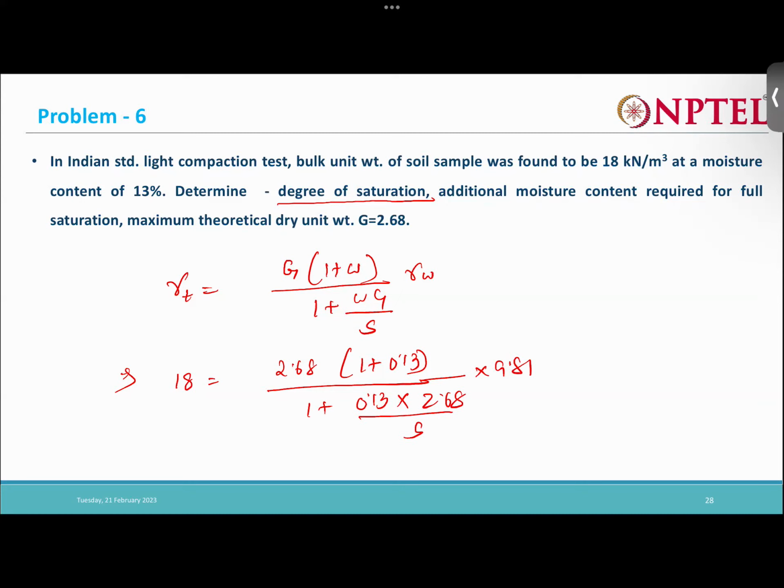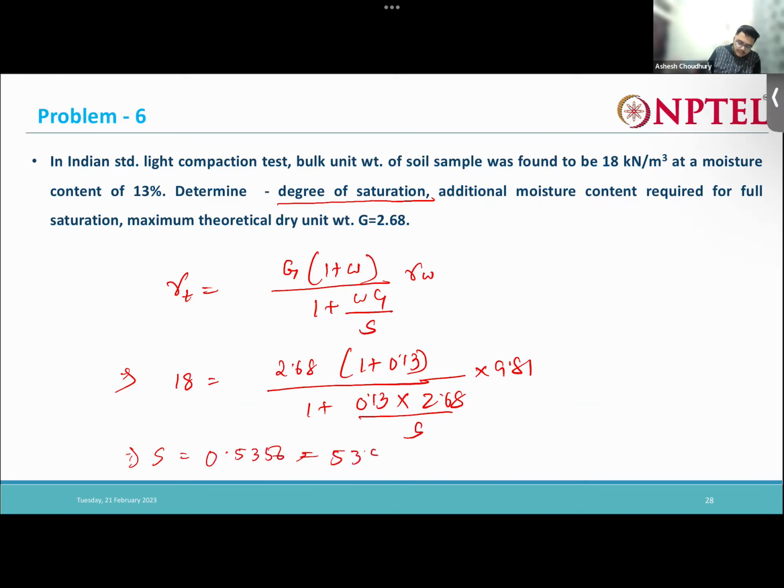If we solve it from here, we can easily find the degree of saturation, which comes out to 0.5356, which is nothing but 53.56%. So we solved the first portion.